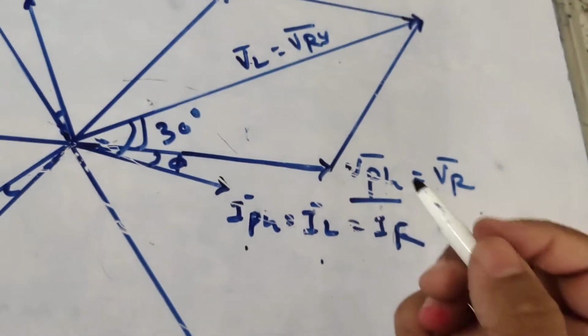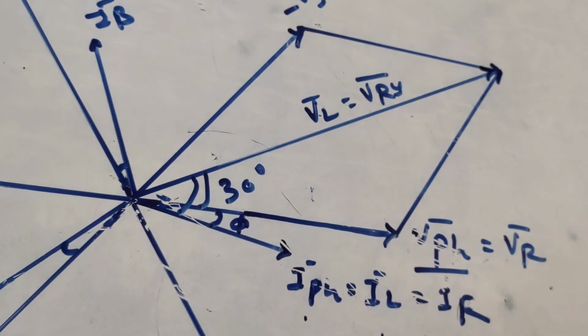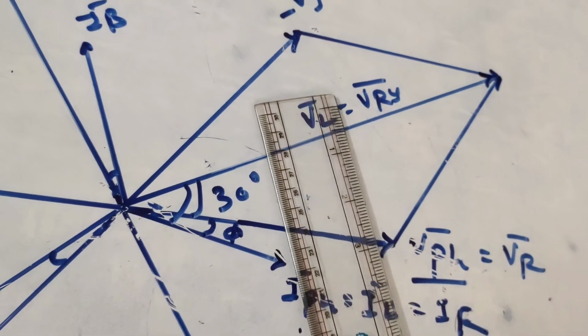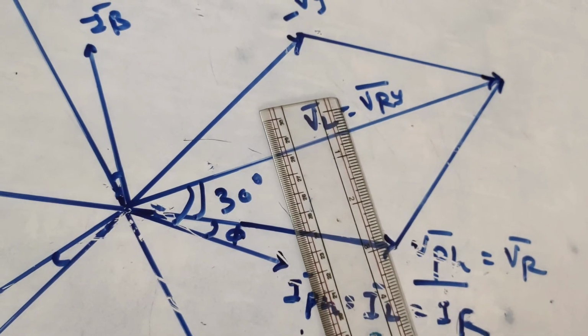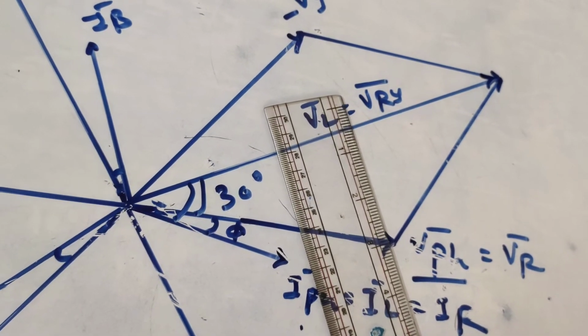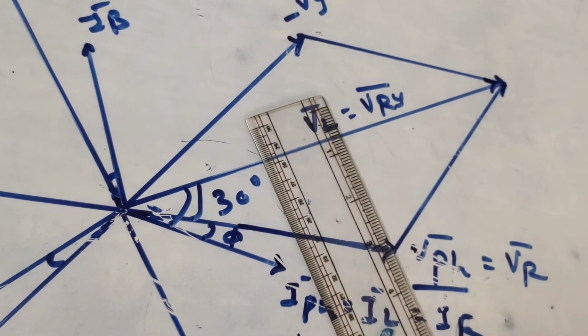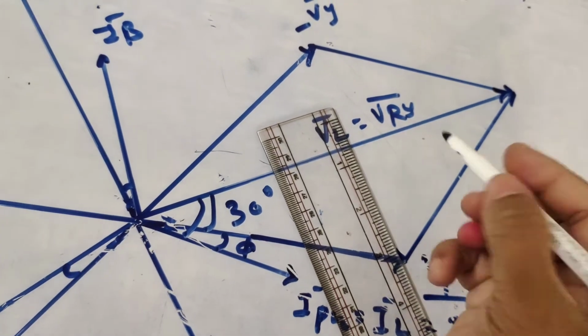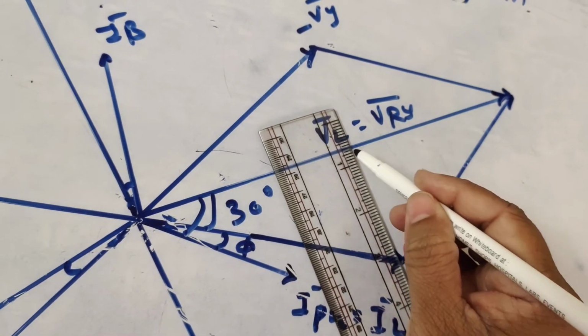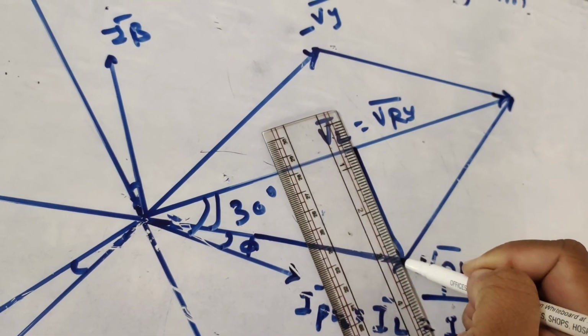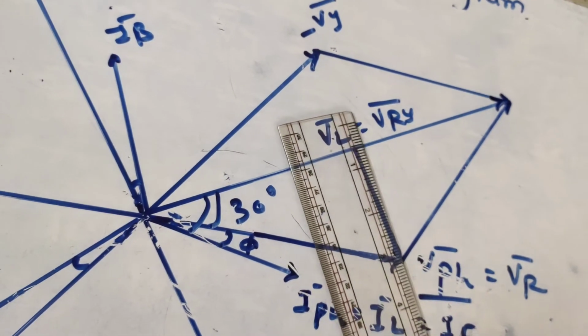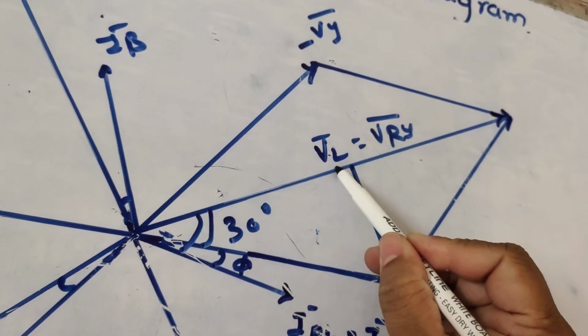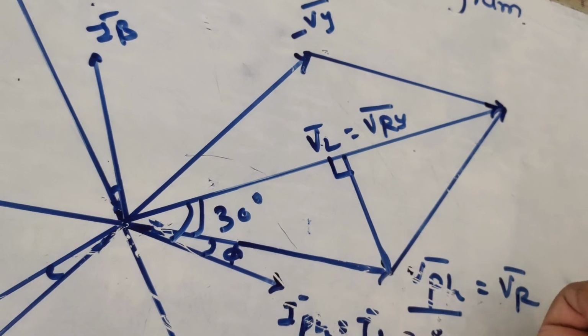After that, draw the perpendicular from phase voltage to line voltage. From phase voltage to line voltage, perpendicular.